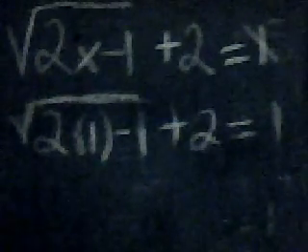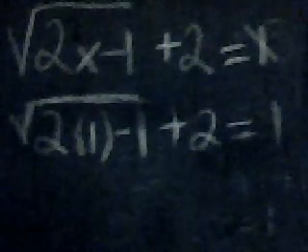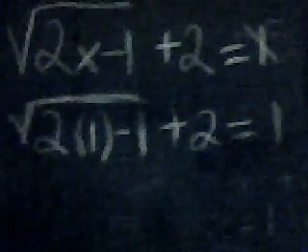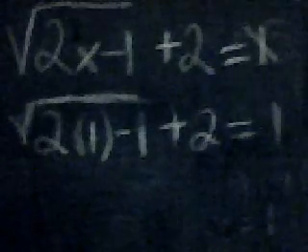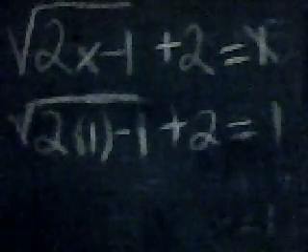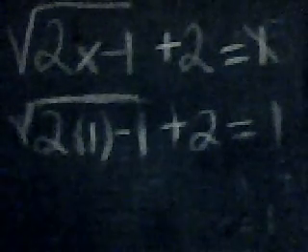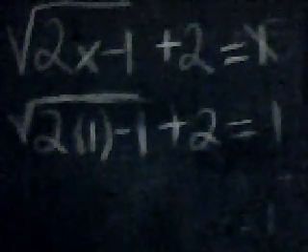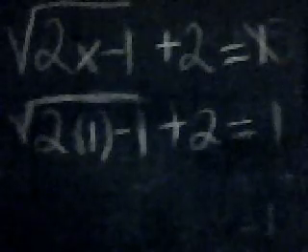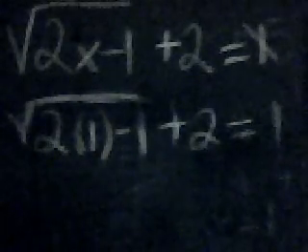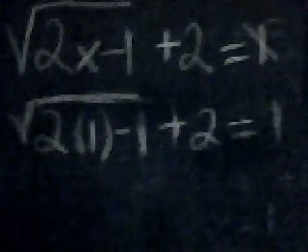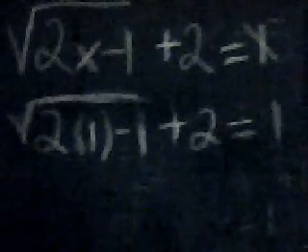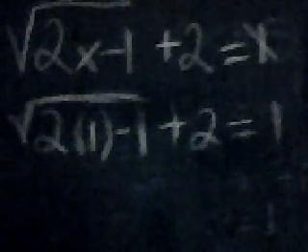Now we are left with the square root of 2 times 1 minus 1, plus 2 equals 1. Now we must work it out and see if the value of x of 1 is an answer for our problem.